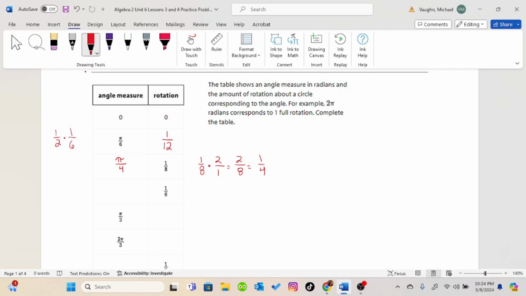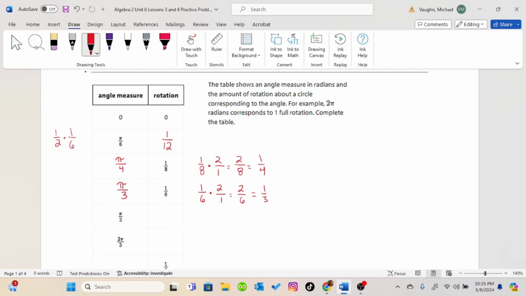Next, we have a rotation of 1/6. So 1/6 times 2 is 2 over 6, which is 1/3. So my angle measurement is pi over 3.